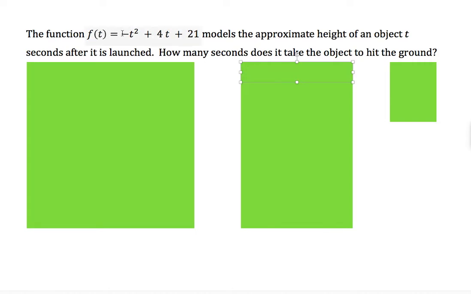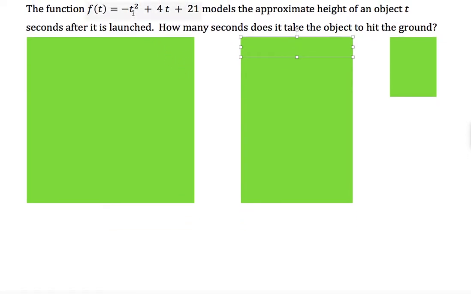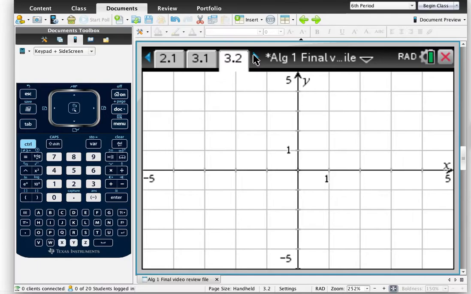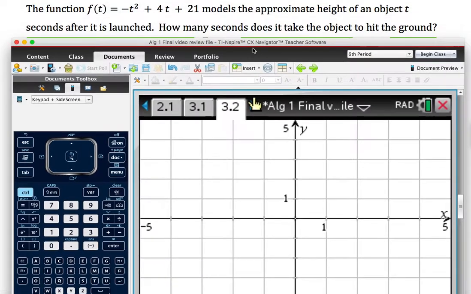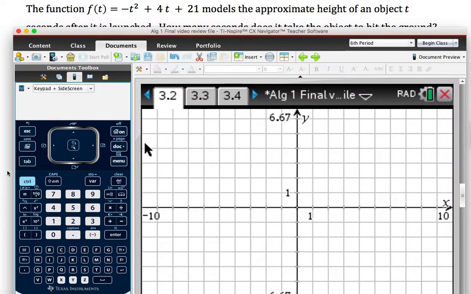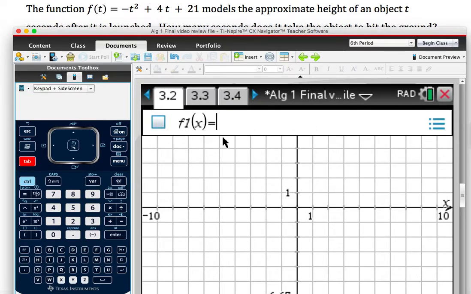The first option is just to graph this equation, but one thing to know, when you graph the equation, don't use t in your calculator. Let me show you what happens when you try to use a t value. So let's go ahead and graph this.